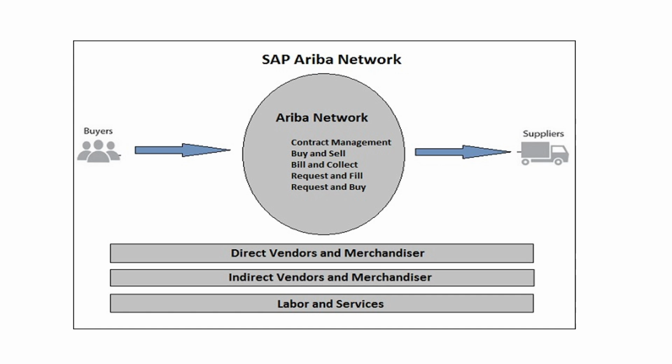And for that reason, it is called the Ariba Network. It is a bidirectional network, which means data will flow both ways, that is from supplier to buyer or buyer to supplier. This is the Ariba Network.